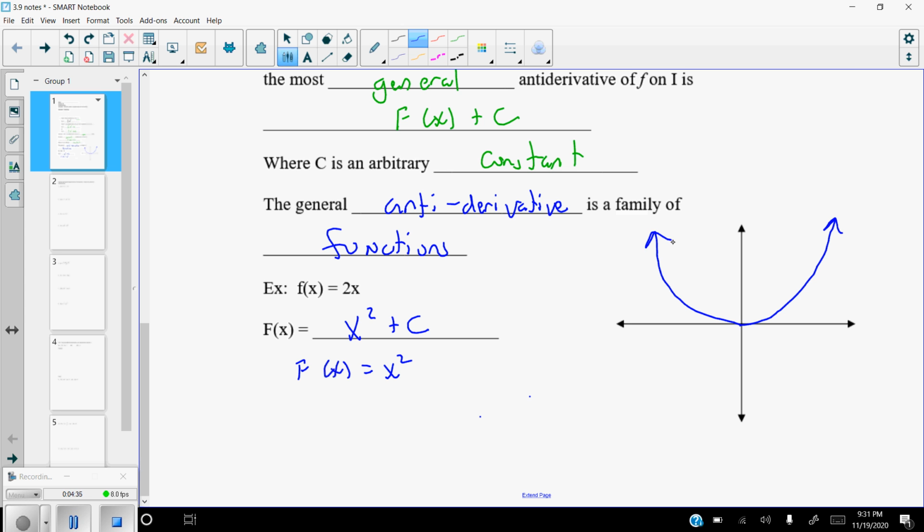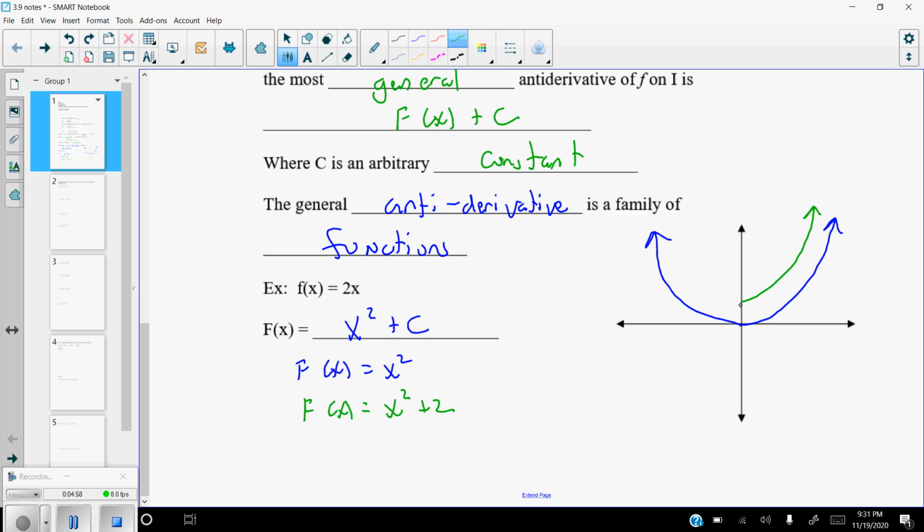Okay, and that's if F of x is x squared. Let's say, for example, F of x is x squared plus 2. Now we're going to let C equal 2. All that means is I've taken x squared, and if you remember your shifting, that shifted the entire function up 2 units.